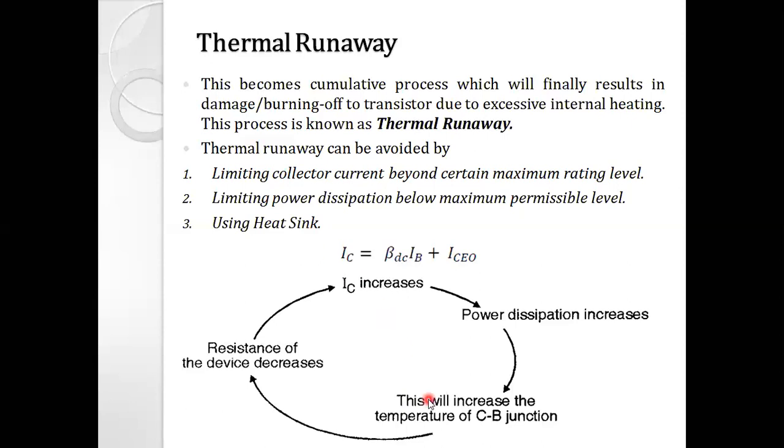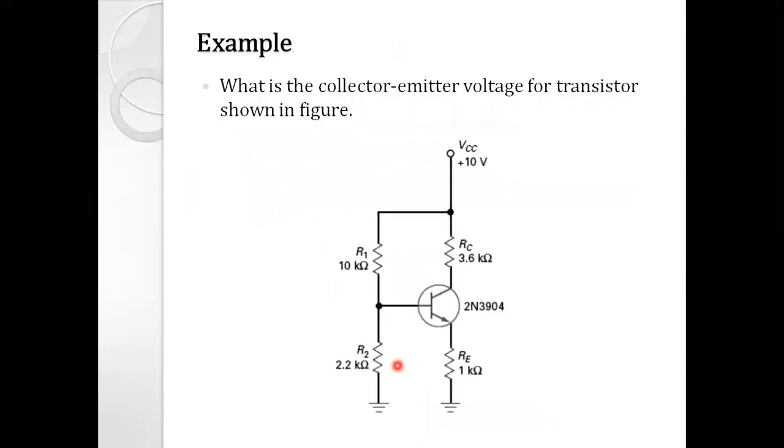So you can prevent the transistor from getting damaged. These are the possible ways by which we can avoid this thermal runaway. We can prevent the transistor from this excessive temperature. So that is about thermal runaway.